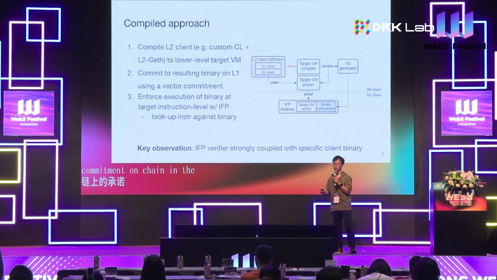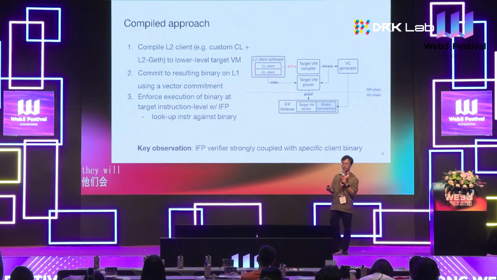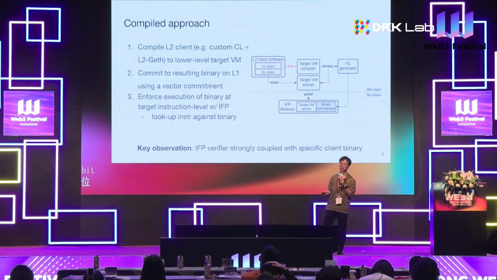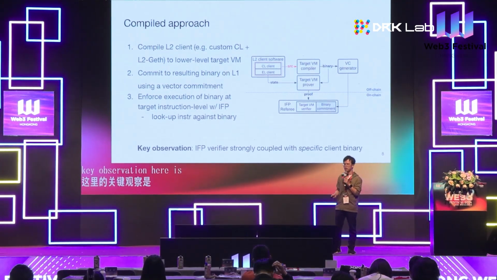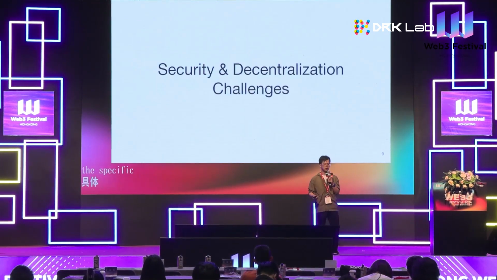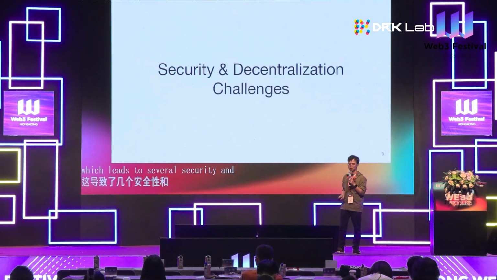Then when a fraud proof happens, they enforce execution on the binary at the target instruction level with the interactive fraud proof, by looking up instructions against the binary. This seems a little bit complicated, but the key observation here is that the interactive fraud proof verifier is strongly coupled with the specific client binary, which leads to several security and decentralization challenges.